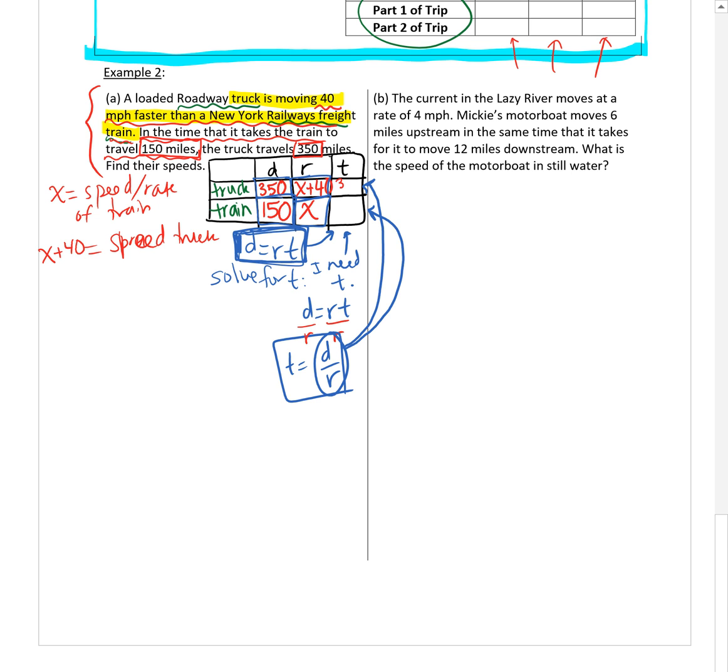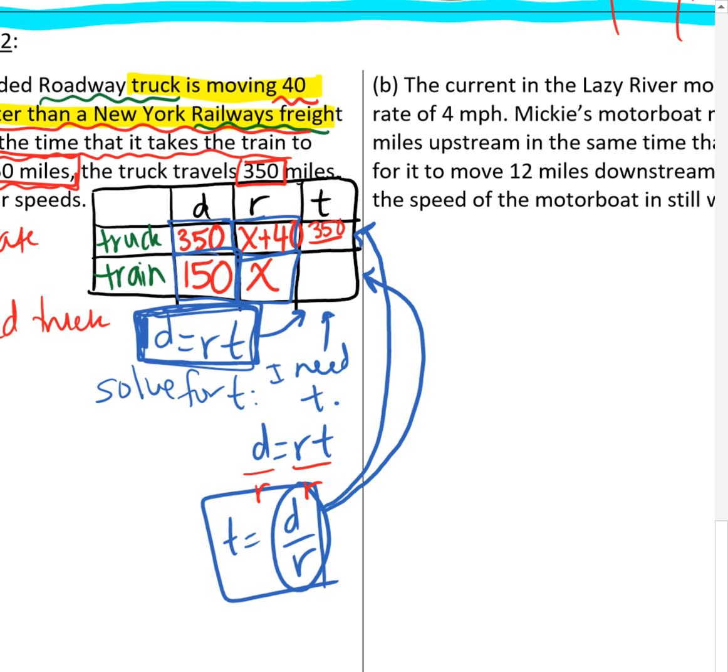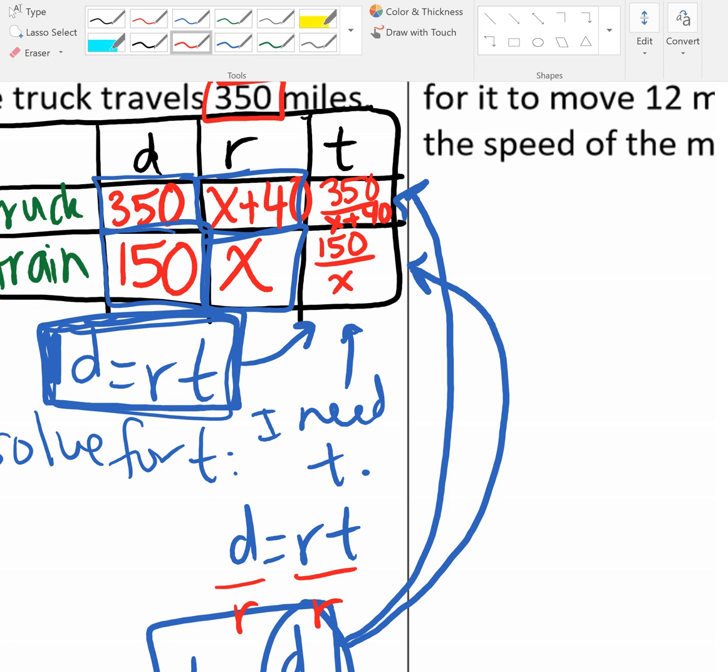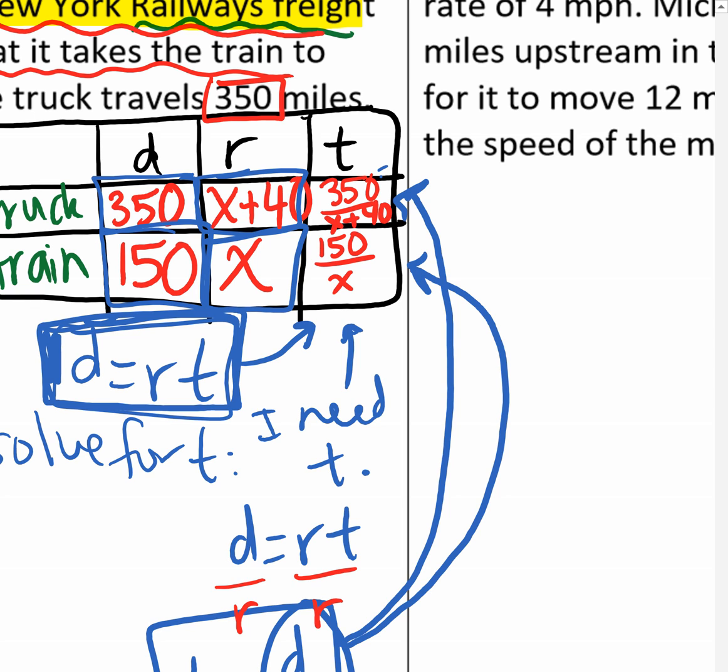So this guy's 350 over its rate, which was x plus 40. Alright, and then the same thing for the train. His distance is 150, his rate is x, so it's distance over rate. Just remember, you're using the formula there to set that up. That's distance over rate, this is distance over rate. Okay, there we go.